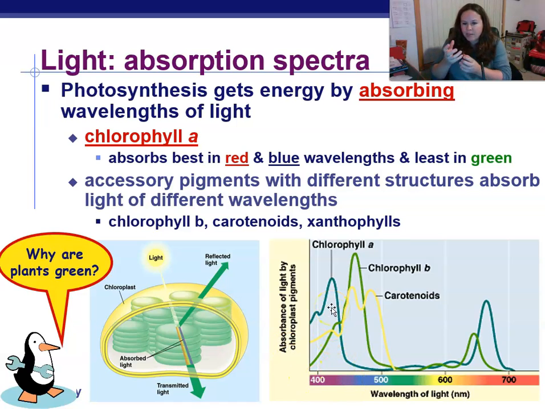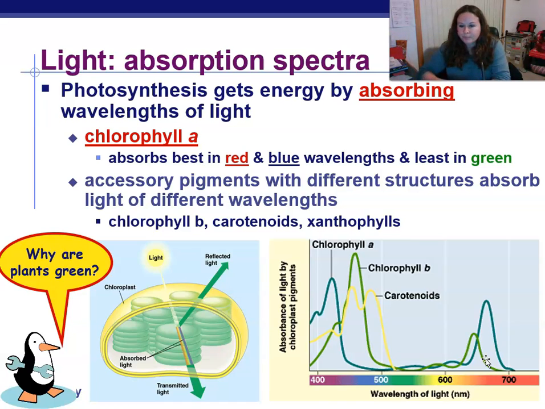Absorbance means that it's absorbing that light and using it in the purples and the blues. But when you get to the greens and even part of the yellows, it's not absorbing it as much, it's not using it. But get back to the reds and oranges, then we bounce back up to absorbance, and so therefore we're using it more.